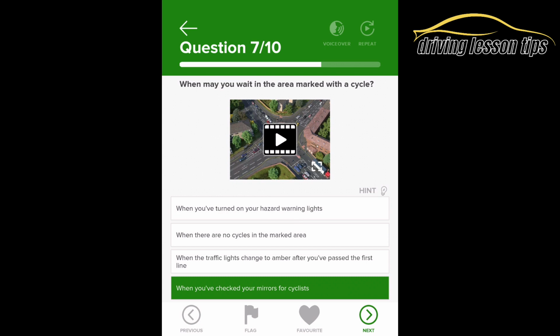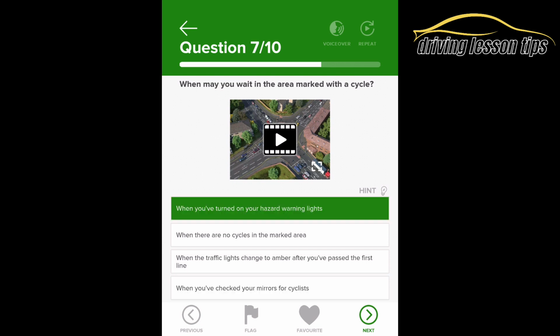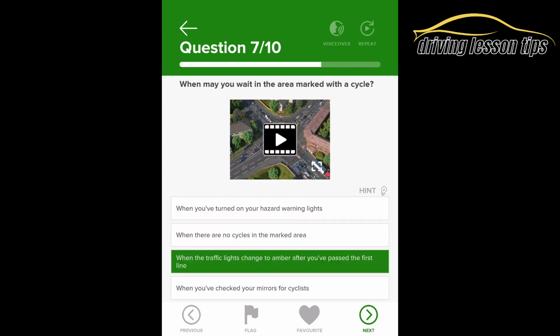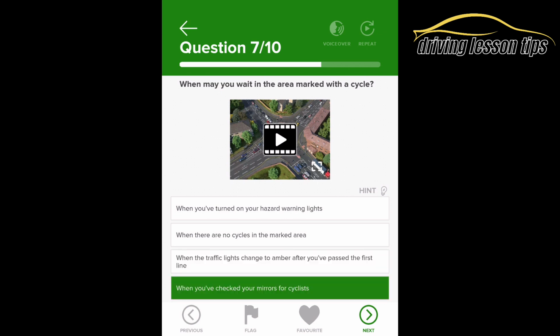So generally, it's asking when may you wait in it. Option A, when you've turned on your hazard warning lights, nope, that's not an option at all. When there are no cycles in the marked area, if you're moving forwards, then that's okay. When the traffic lights change to amber after you've passed the first line, yes, that would make sense. When you've checked your mirrors for cyclists, well, you're going to check your mirrors for cyclists anyway, just so you know who's around you, who's going to try to overtake you and so on.